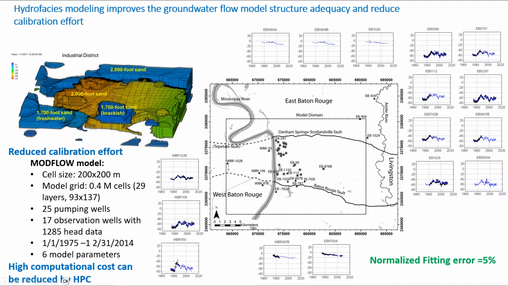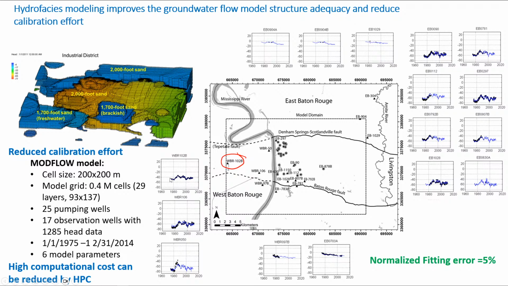Where is this? That would be where on this map? It should be somewhere here. Yeah, here. See this well here, I was able to match it very well. My model simulation falls exactly on what I'm observing in the field for this monitoring well.